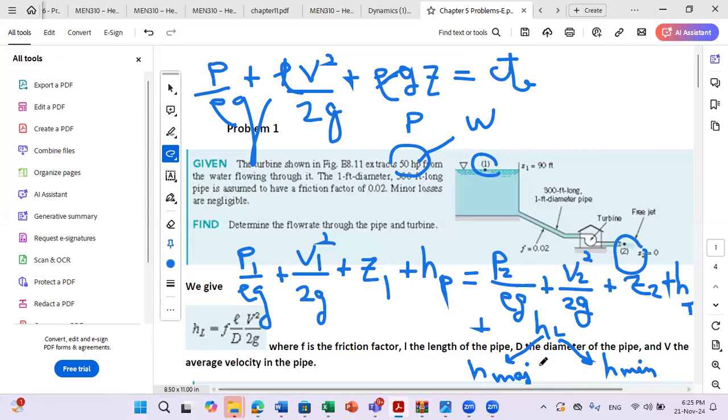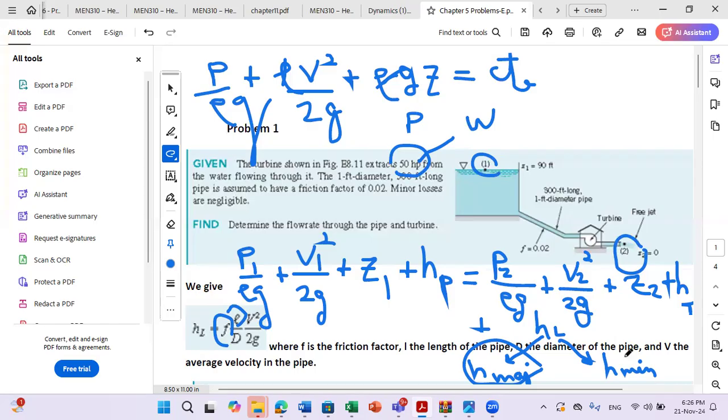So major losses will be due to friction effects, and they are given by the following formula: friction factor times the total length of our ducting system over D, which is the diameter if it's circular ducts. If we have a cross section different than circular, we can use the hydraulic diameter, times V square over 2g.